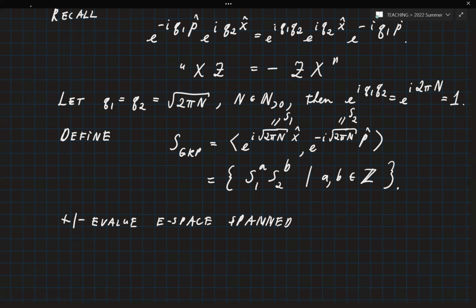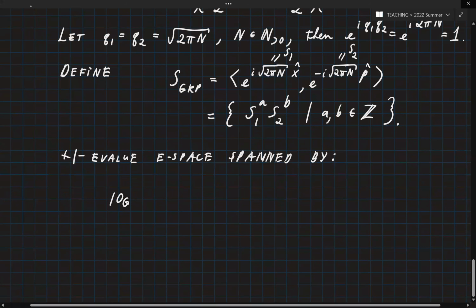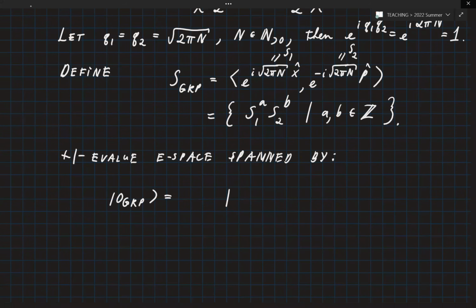Now, if you remember your solid state physics, what is a structure or a set of points that is left invariant when shifted by some particular constant? A lattice, that's right. And GKP states are nothing but a lattice of position states. There are two of them. There's going to be a lot of lattices, unfortunately, but the spacing between the lattices here is the same.